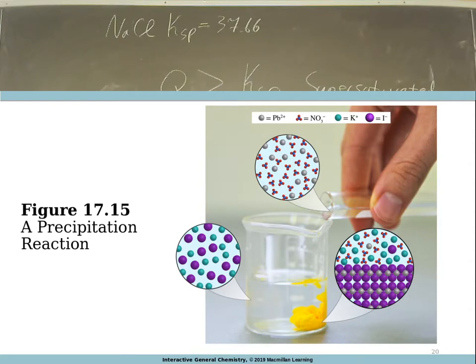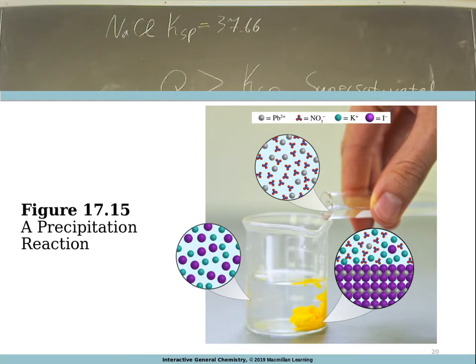You can dissolve an incredible amount of sodium acetate into hot water. And then if you carefully cool it down, then even though Q is greater than K, it will remain as a solution until some sort of a shock or a catalyst begins the precipitation process. And it's only a metastable state. That means it's technically unstable. It just takes a long time for it to change.